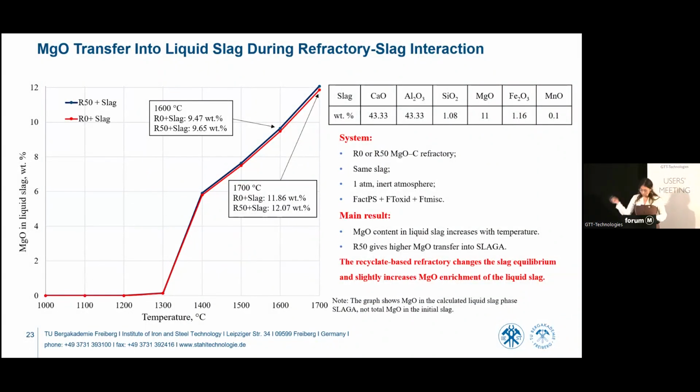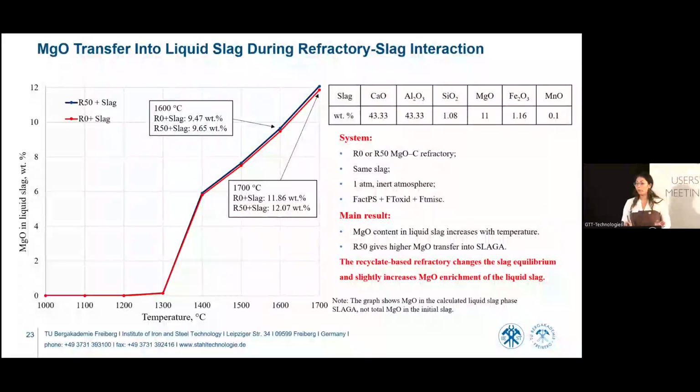On this graph, I selected magnesium oxide in slag as the main output. This is a useful parameter because magnesium oxide is the main component of the refractory, so if magnesium oxide in slag increases, it means that material from the refractory side enters the liquid slag.